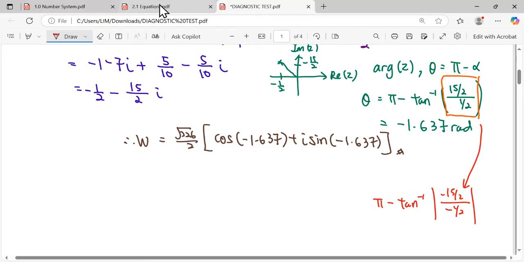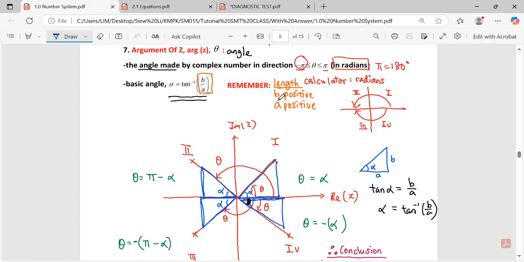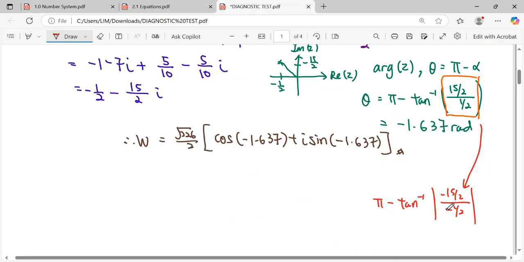So when I say non-negative value, it means that we just put in positive. That is the part that I want to highlight, where most of the students will write this and do it in degree form. Alright, so take note of that. Hopefully next time you do your argument, you will be writing it correctly.